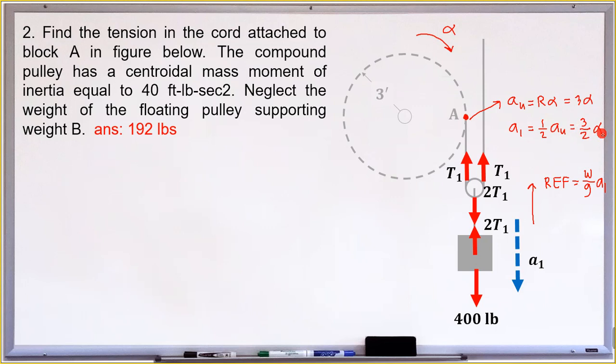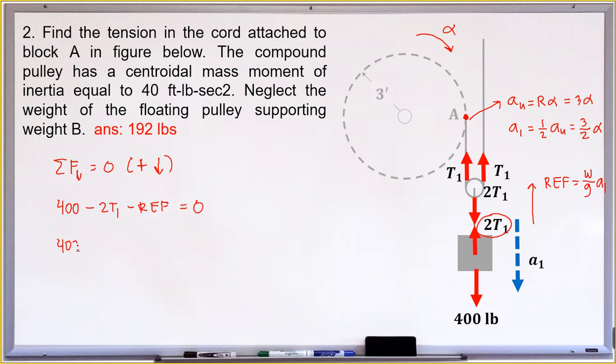Okay? So with this, proceed to the summation of forces because we already defined the REF. So we take the summation of forces vertical equals zero. Positive is downward because that is the direction of motion, or the direction of the acceleration. So for the downward forces, we have the weight, 400 pounds, minus the tension, 2T1, and then minus the REF, that is equal to 0.